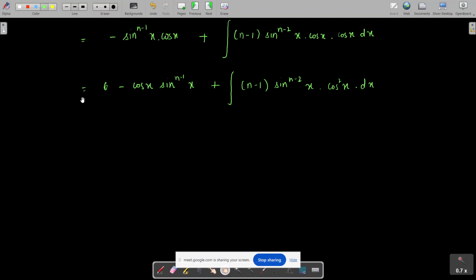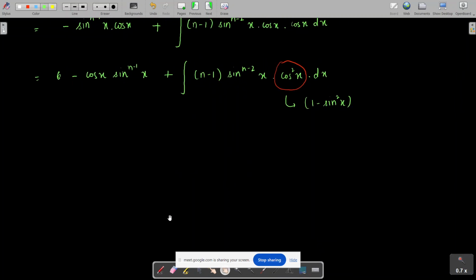So we are going to do that. Just replace it. I'll not write the entire thing. Okay, so this is 1 minus sine squared x. And I will now copy this entire thing.